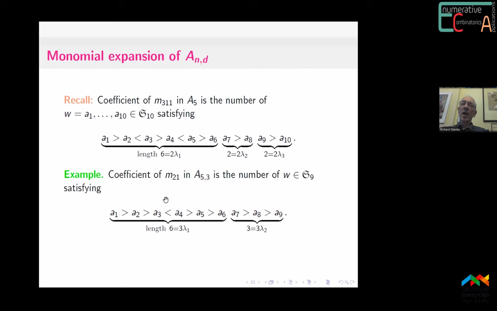An exact analog happens for A of n, d, for A of 5, 3, for instance. If you want the coefficient of, I think this is not what I mean, m_{5,3}, m_{2,3} I mean.